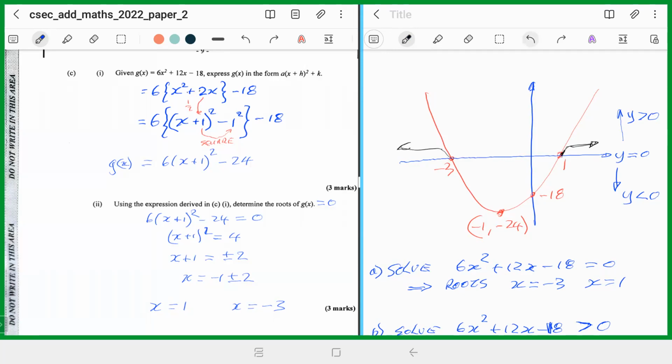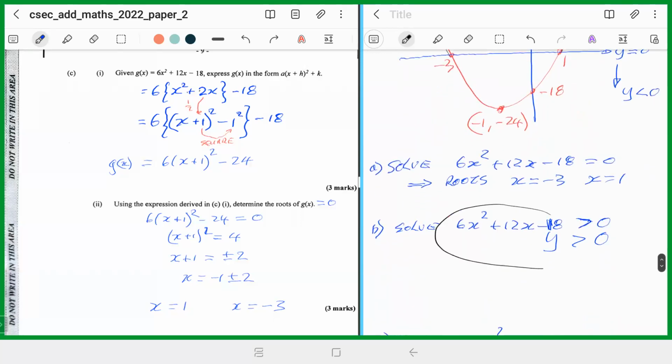In other words, an x value out here, like for example 2, is going to give me a y value up here that is positive. See that? And an x value down here, which is less than negative 3, is going to give me a y value up here. So this other inequality is asking me for the x values that are this way and this way. So let me write it.